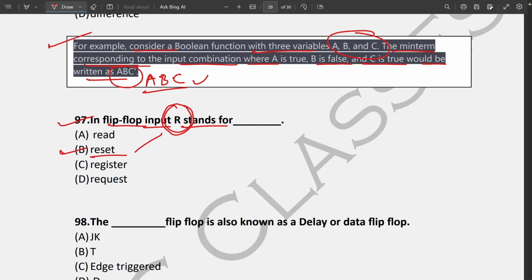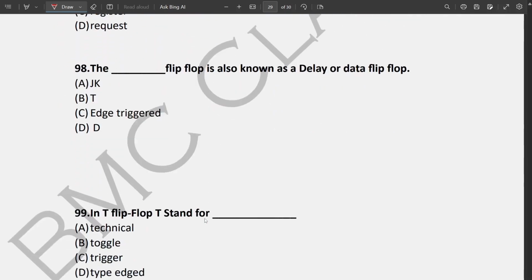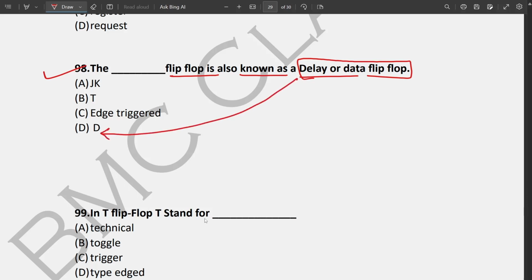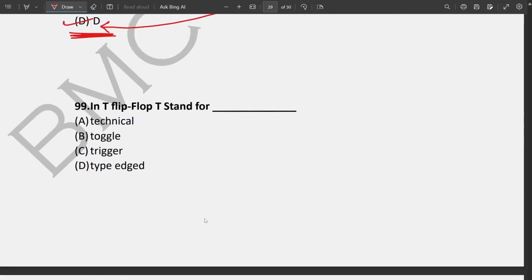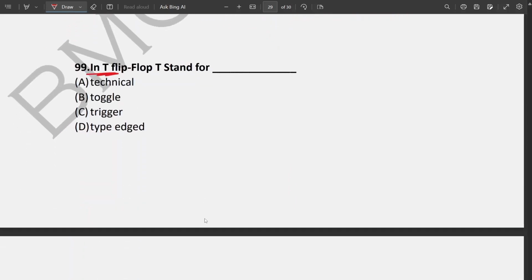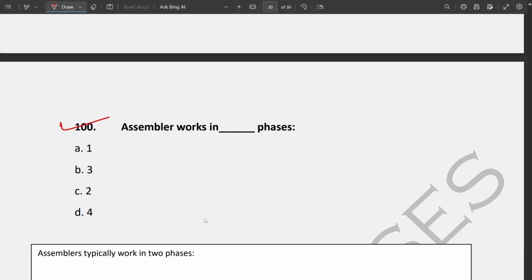Option number B. Question number 98. The flip-flop is known as a delay or data flip-flop. Delay stands for D. Option number D is correct. 99. In T flip-flop, T stands for toggle. Option number B. Last question of the day.